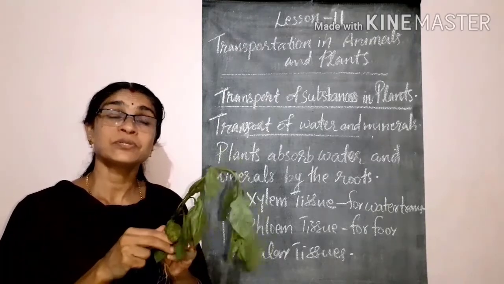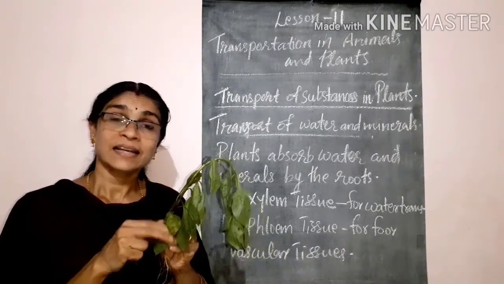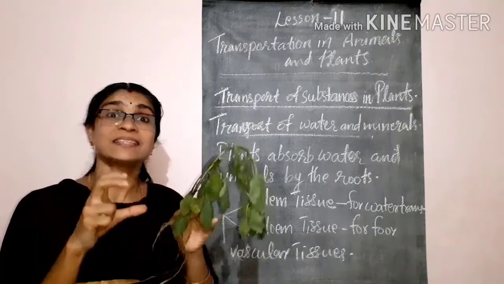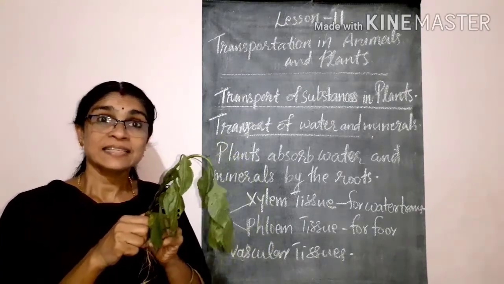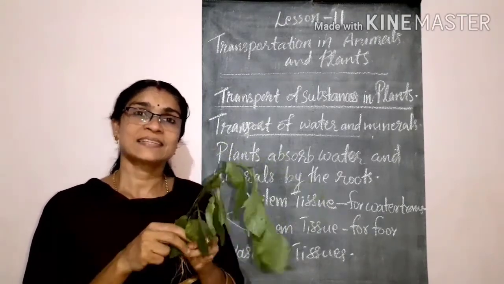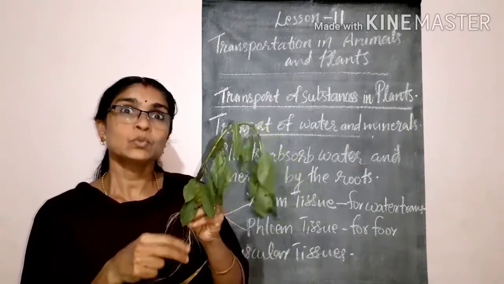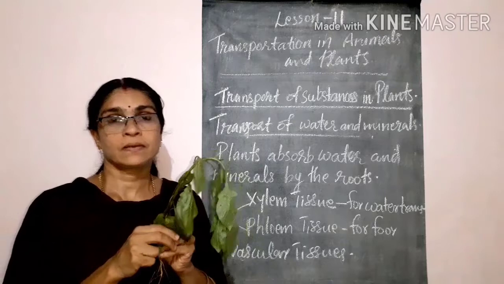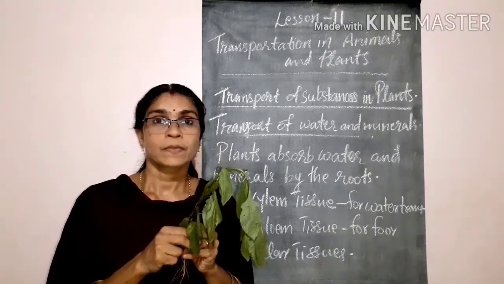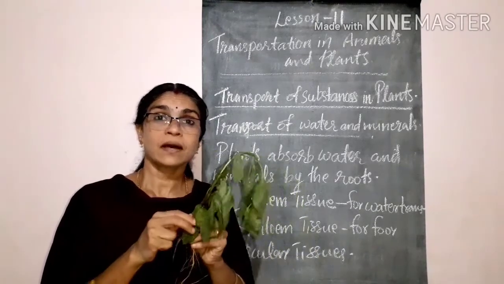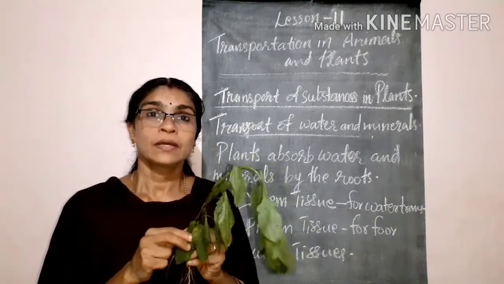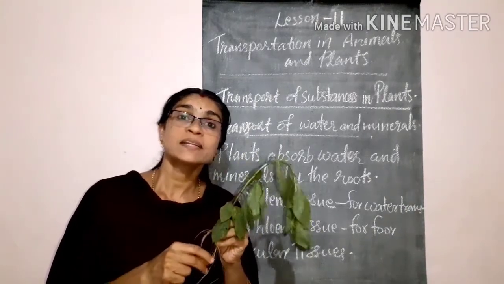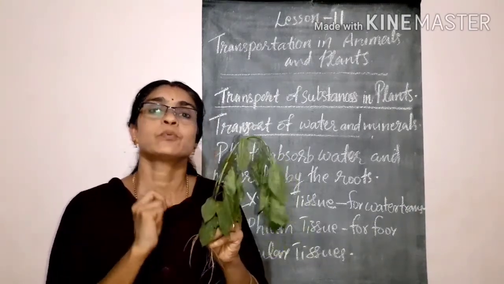The xylem tissues consist of specialized cells which have a network of channels continuing from root to other parts like stem, branches, leaves. The xylem tissues are meant for the passage of water and minerals throughout the plant body.